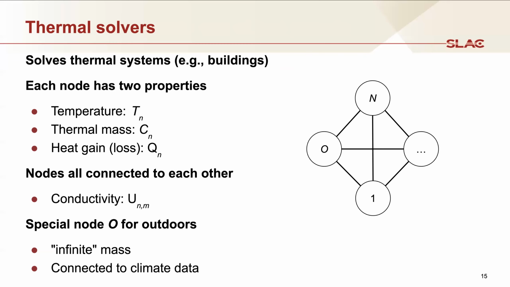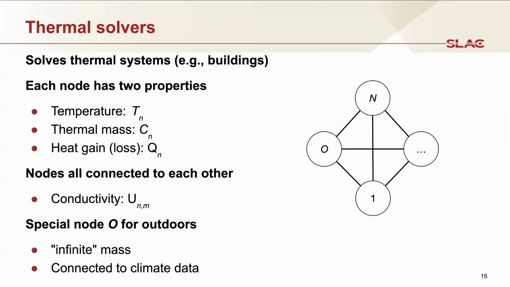Of course, the air temperature is what we directly feel as occupants of the building, but the thermal mass of the building has a pretty significant impact on the overall behavior of the building over time. And all the things happening in the building or happening to the building affect the heat gains and losses. It's the interaction between the air temperature, the mass temperature, and these heat gains and losses that gives buildings their rich dynamic behavior.